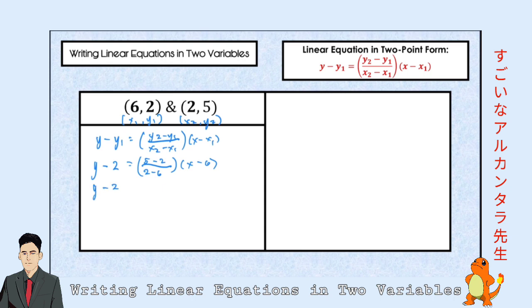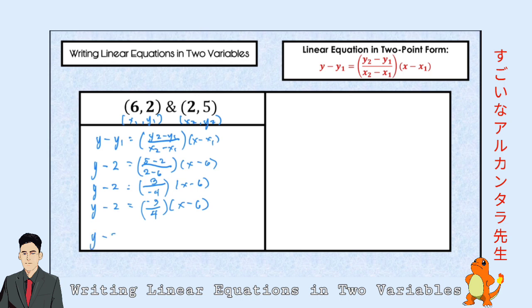So if you continue with this, y minus 2 is equal to 5 minus 2, that will be equal to 3. 2 minus 6, that's -4. Then x minus 6. So y minus 2 is equal to -3 over 4 times x minus 6. The reason behind this, again, is that you cannot have a negative denominator, so bring it up.